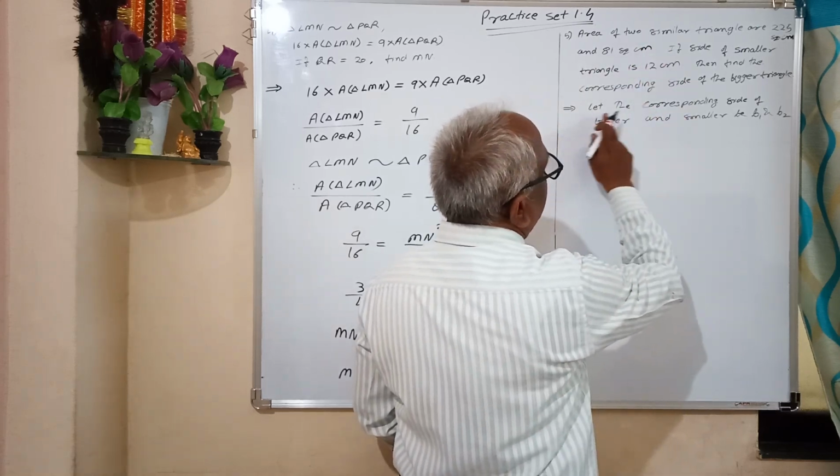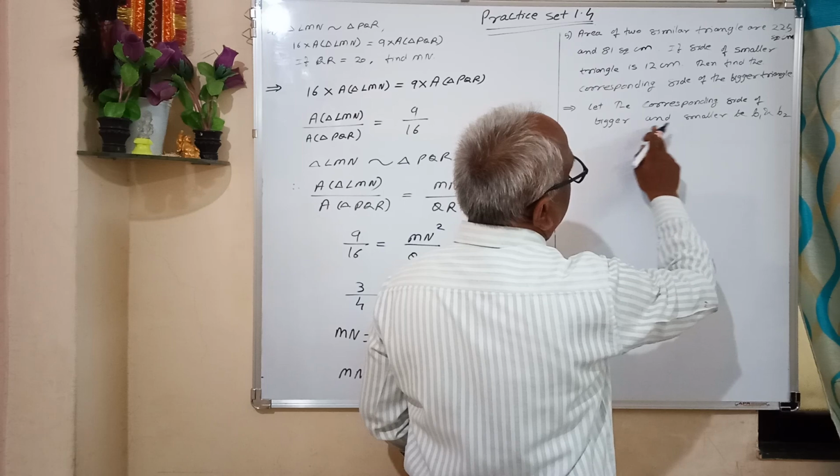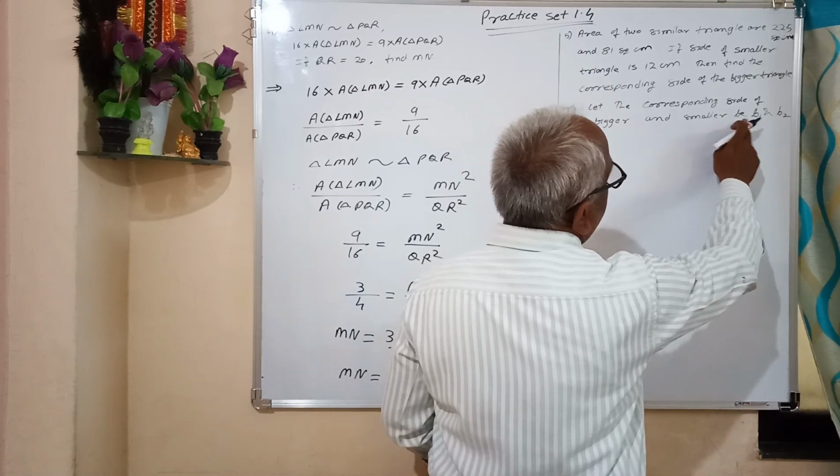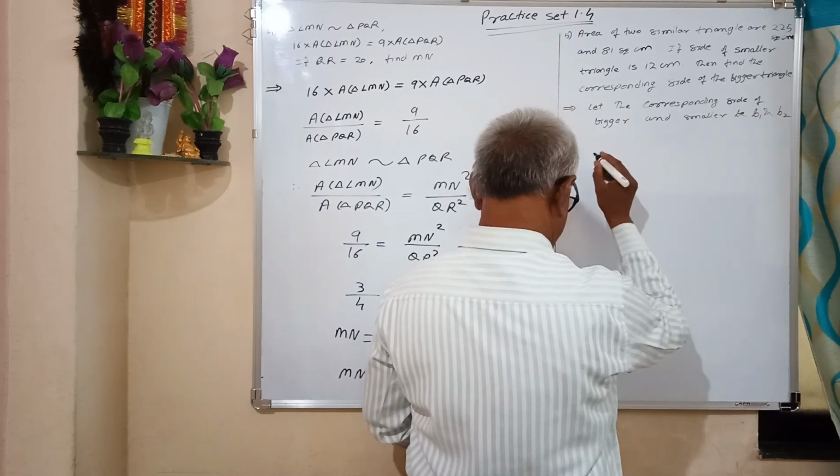Now let the corresponding sides of the bigger and smaller triangles be B1 and B2.